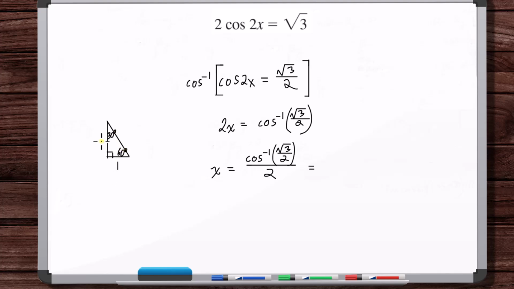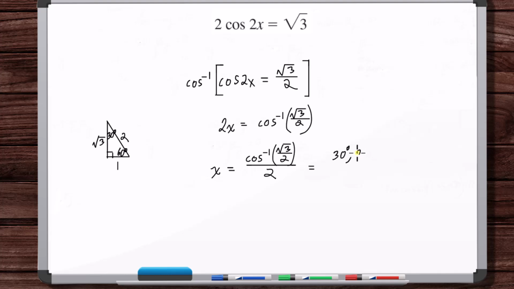So 1, root 3, 2. Cosine of 30 is root 3 over 2. This is positive, so 30 degrees is one. Now, where else is cosine positive? In quadrant 4. So what angle in quadrant 4 has reference angle 30 degrees?